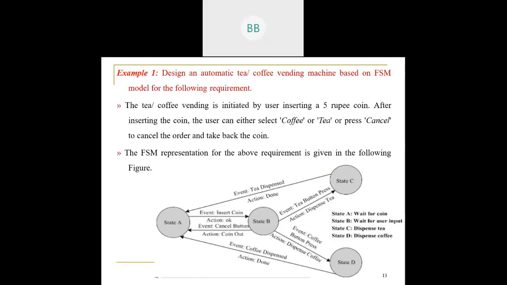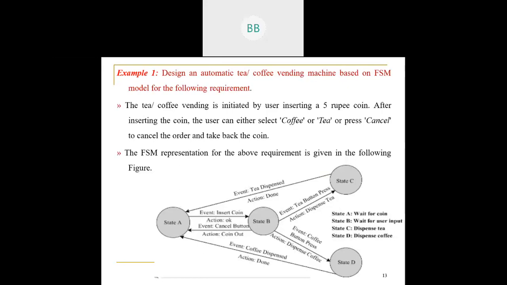Initially, the system will be in state A, waiting for the coin to be inserted by the user. Once the user inserts the coin, the system changes from state A to state B and waits in that state for the user input. The user input can be either cancel, tea or coffee.